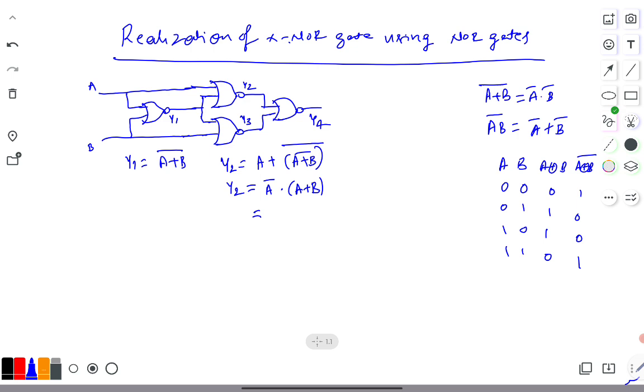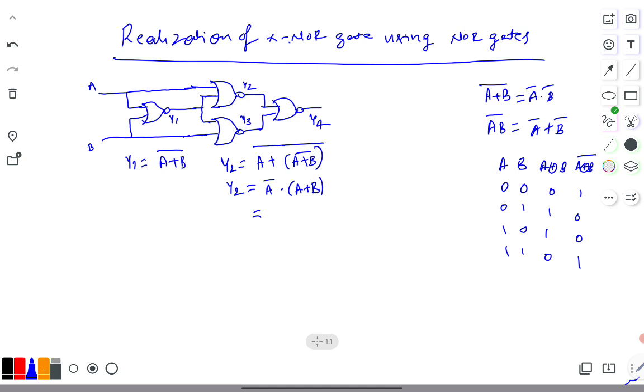A bar dot (A plus B) whole bar, the double bar gets cancelled. Sorry, I forgot to put this one whole bar. A bar dot (A plus B) bar gets cancelled.